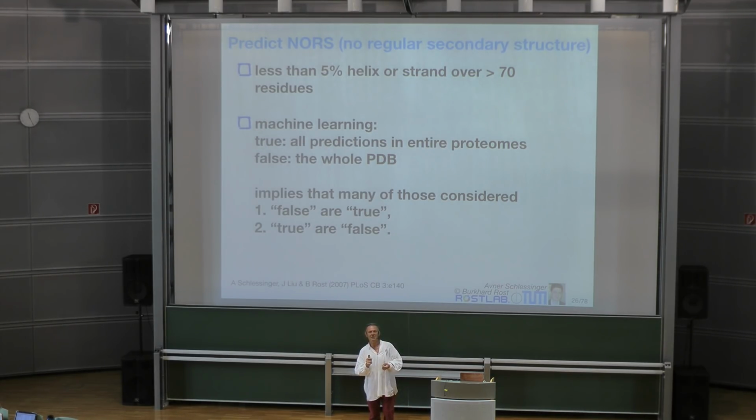And this something in common is exactly what determines even for loops shorter than 30 whether they are disordered. We have two regions here. One is predicted to be 30 residues and has no regular secondary structure. The other is also predicted to be 30 residues and has no regular secondary structure. This one is predicted to look just like a normal loop in a regular structure, and this one is predicted to be like a disordered region. It can take these apart because there are different features. And that is the signal that is consistent.